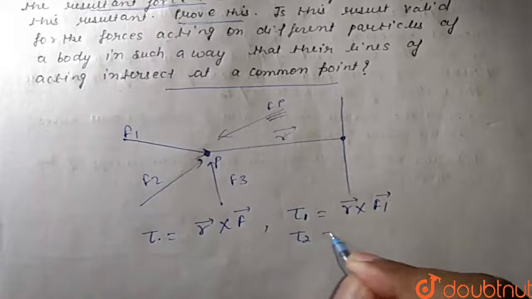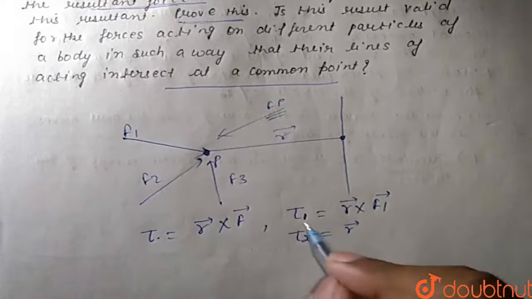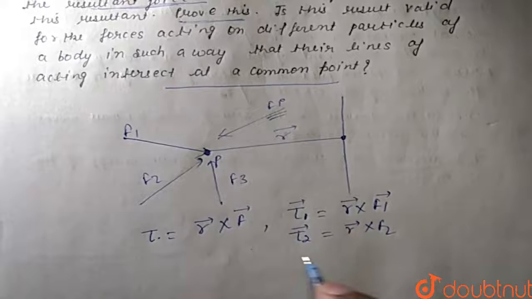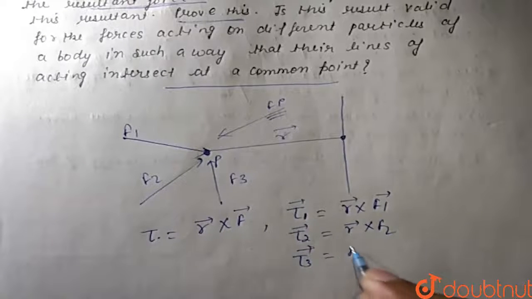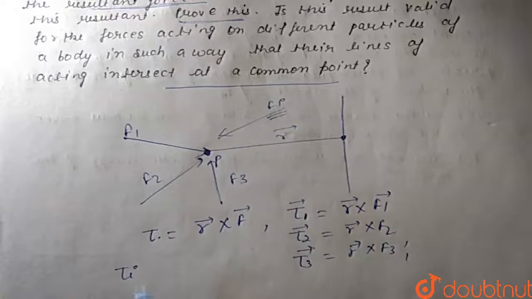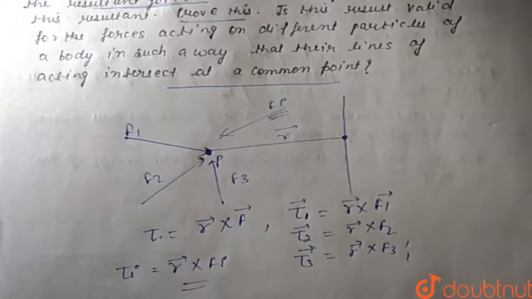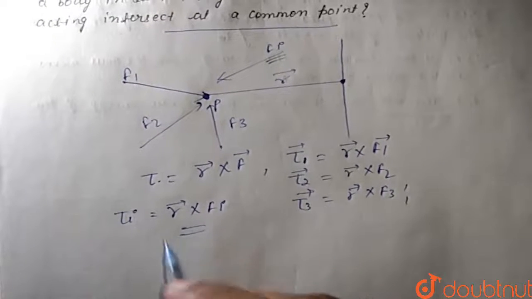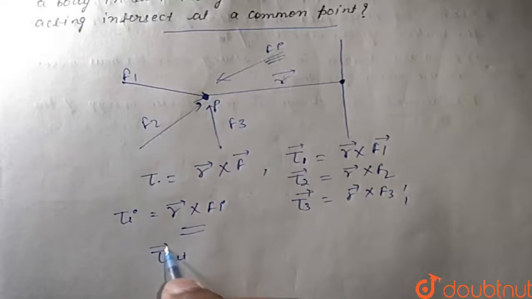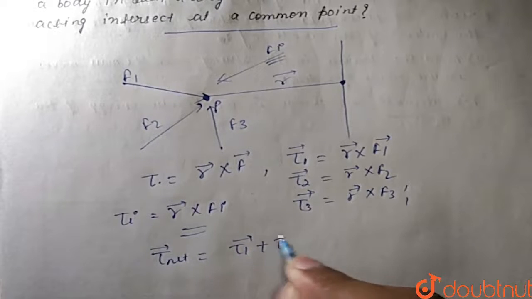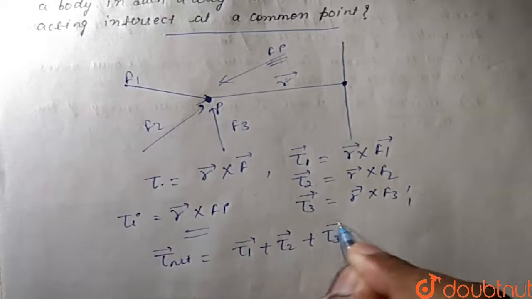Tau 2 will be R cross F2. Tau 3 will be R cross F3. So in general, tau i will equal R cross Fi. Now if we want the net torque, what will we do? For the net torque, we will add all the torques.